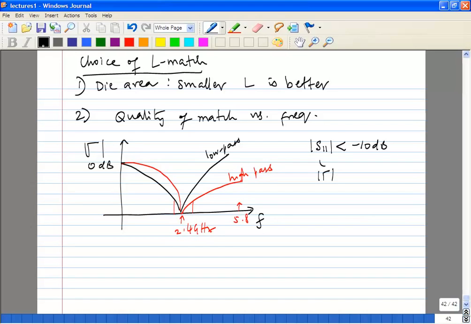So it's a good idea to do your matching such that your reflection coefficient is less than minus 10 dB. Let's say your minus 10 dB was somewhere here. So even inside this, different portions of the network could match at minus 10 if you look at the minus 10 point.